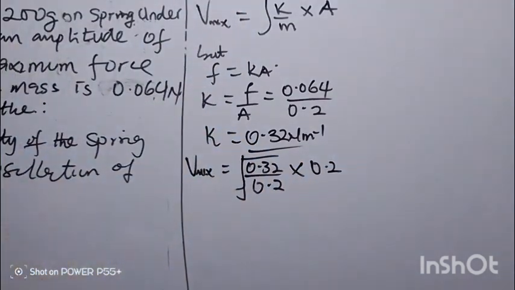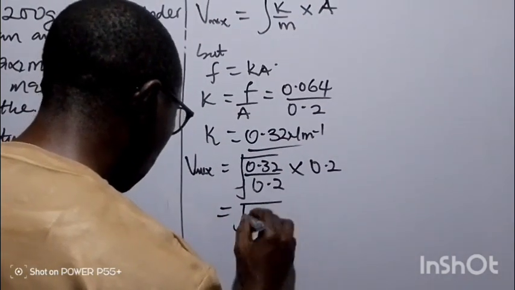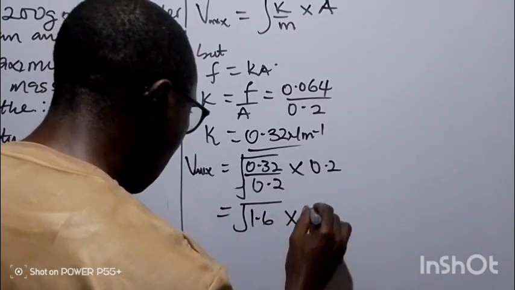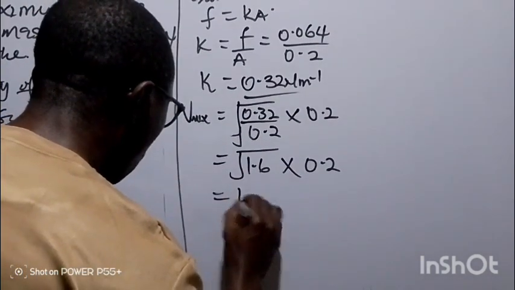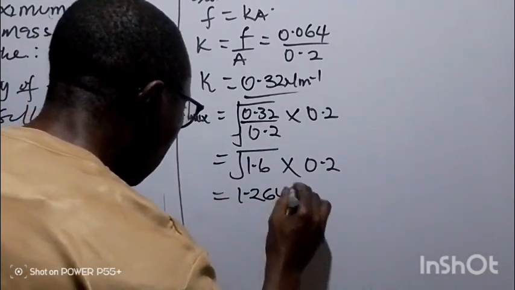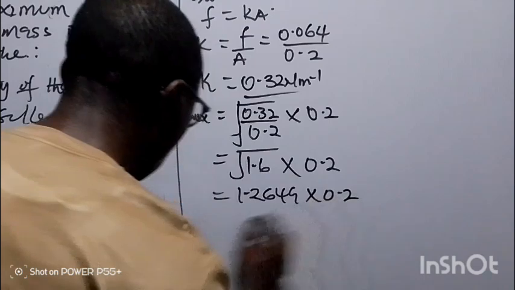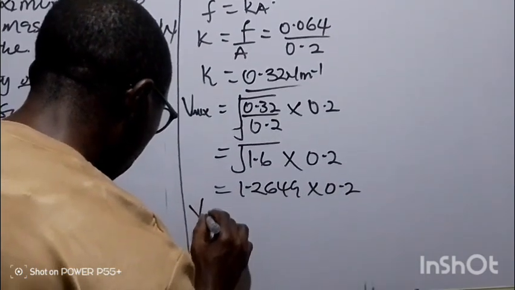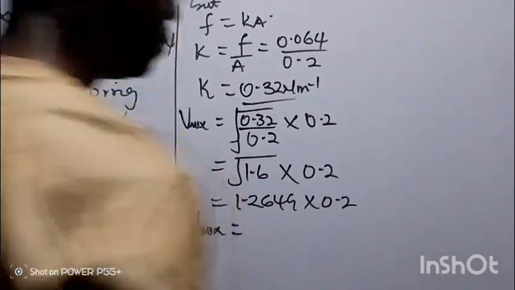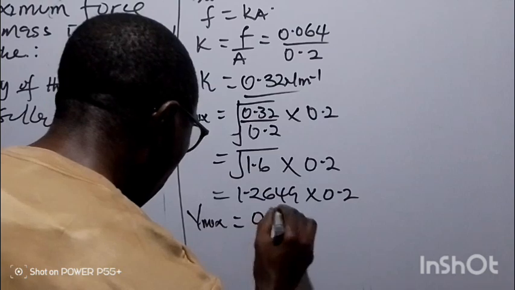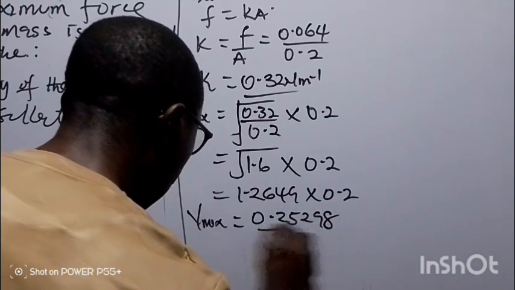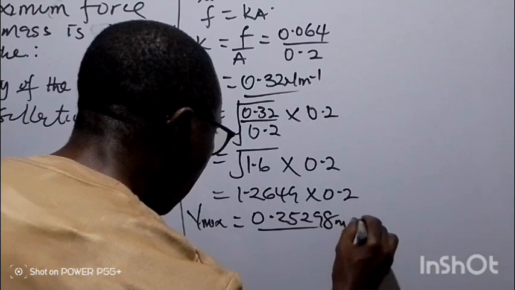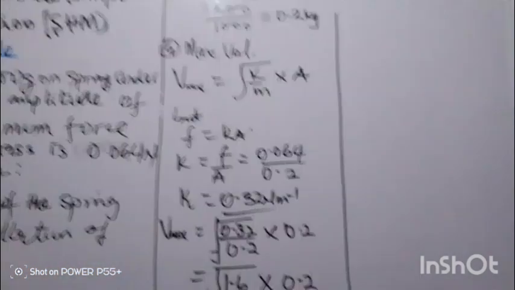That will be the square root of 1.6 multiplied by 0.2. That will be equal to 1.2649 multiplied by 0.2. So V maximum will be 0.25298 meter per second.